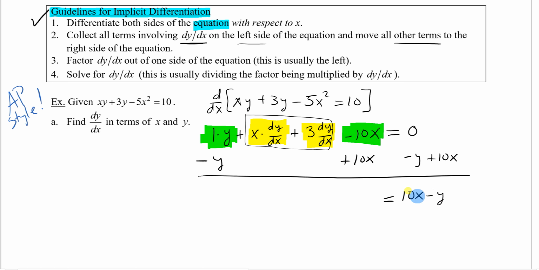I wrote 10x on purpose in the front as a leading positive term. It's easier for me to read. And I'm going to write these terms as they are. So x dy dx plus 3 dy dx. Step 2, check.